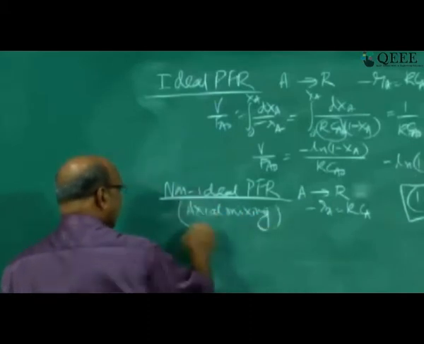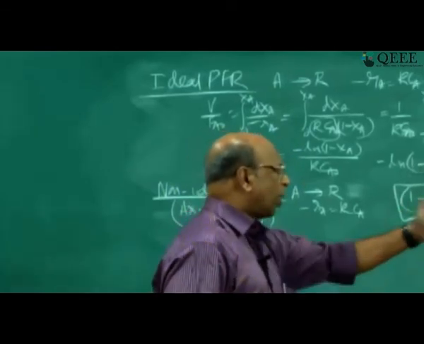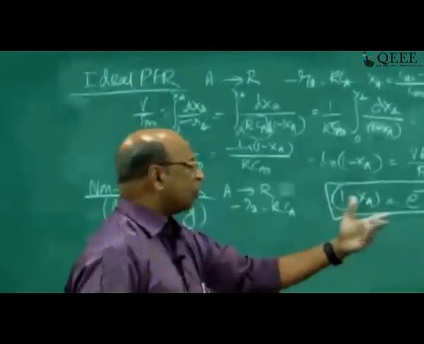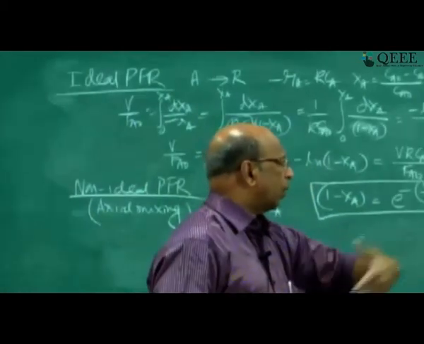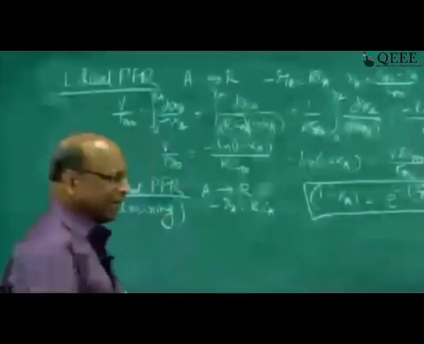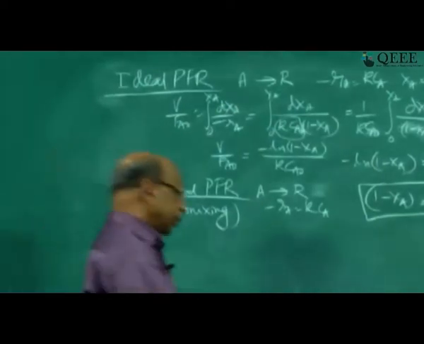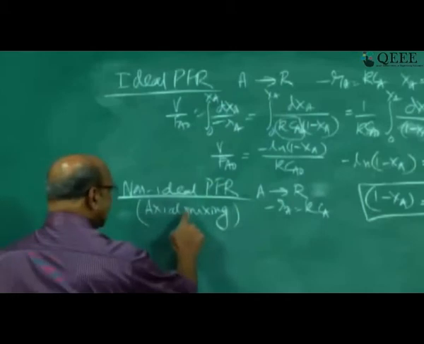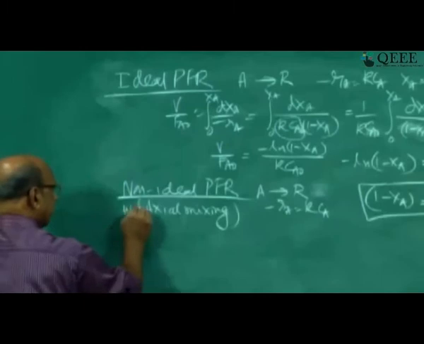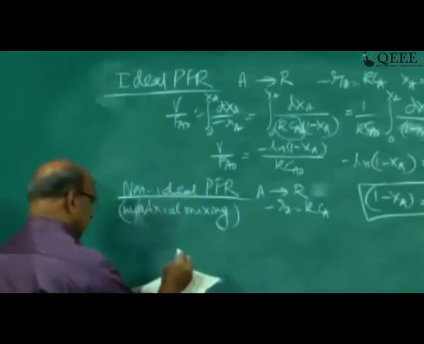There is axial mixing. So that means all the molecules are not spending exactly the same time. Some molecules are coming forward and some molecules are coming backward because of mixing. I gave you this example of Q, which is moving forward and backward, and then you can find out what the mixing zone is and all that. I think there are techniques to be found. But my interest is to show you what is the beauty in assuming the ideality. So now with axial mixing as non-ideality, a non-ideal PFR with axial mixing alone, I will write this expression, please take it.